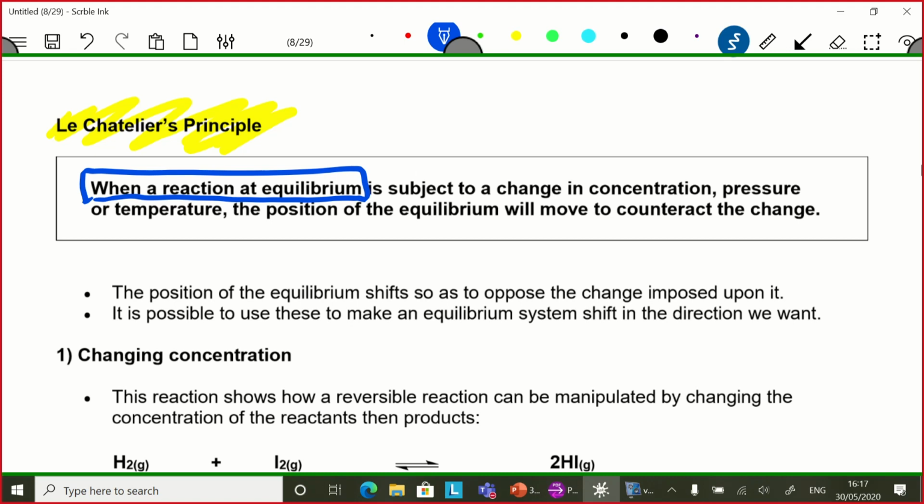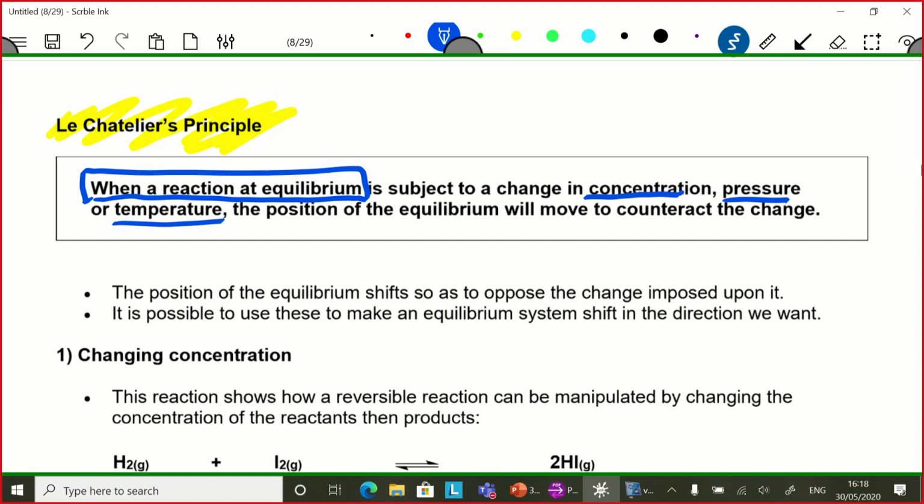If you vary any of these conditions, if you vary the concentration, the pressure, or the temperature, what's going to happen? The system that is already in equilibrium is going to be disrupted, and it's going to respond to this disruption by trying to re-establish the dynamic equilibrium state again.